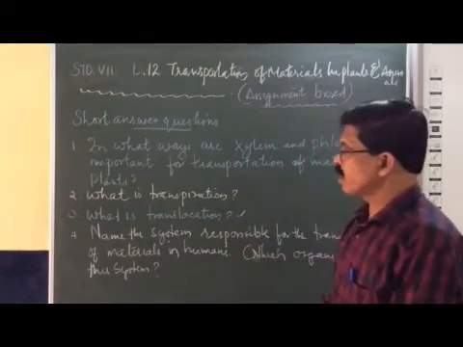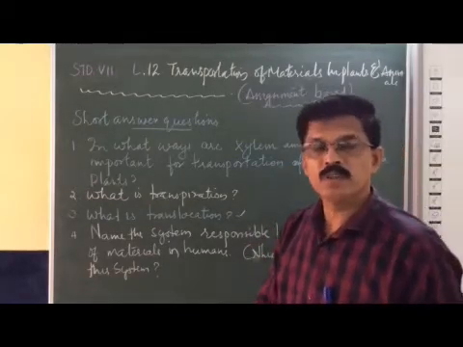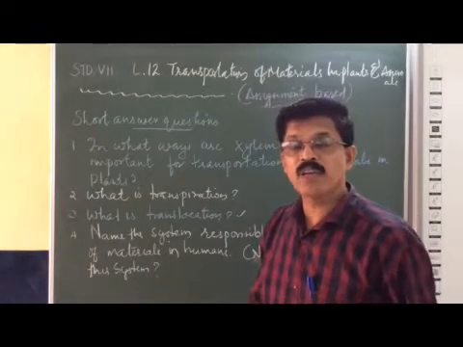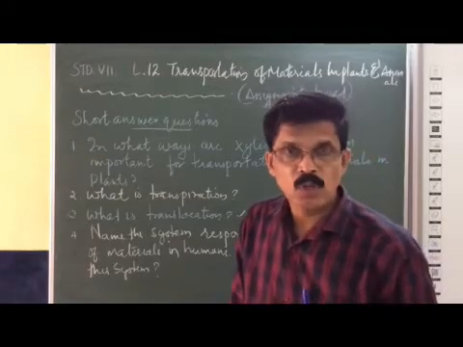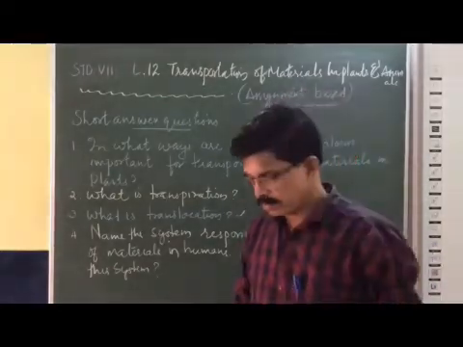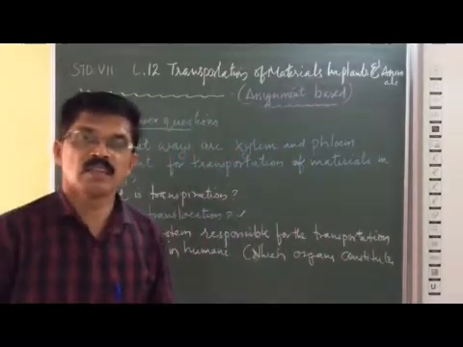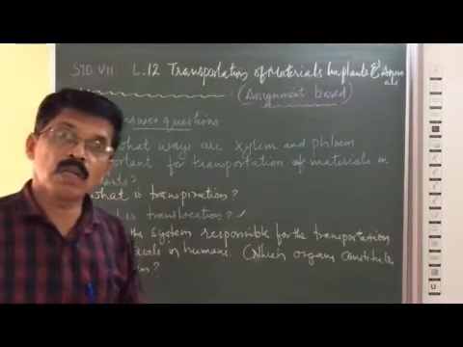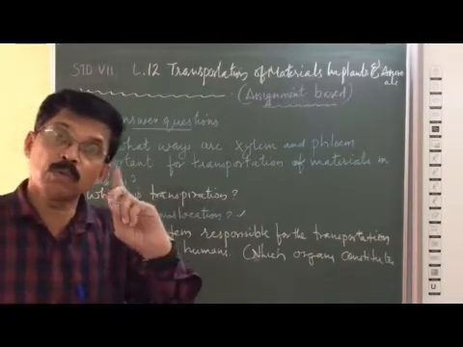Now, what is called translocation? Translocation is the transport of food from the leaves to various parts of the plant body, because the food is synthesized in the leaves by photosynthesis. Which food is synthesized? Glucose. Glucose is synthesized. At the same time, is that food transported in the form of glucose? No. It is in the form of sucrose.